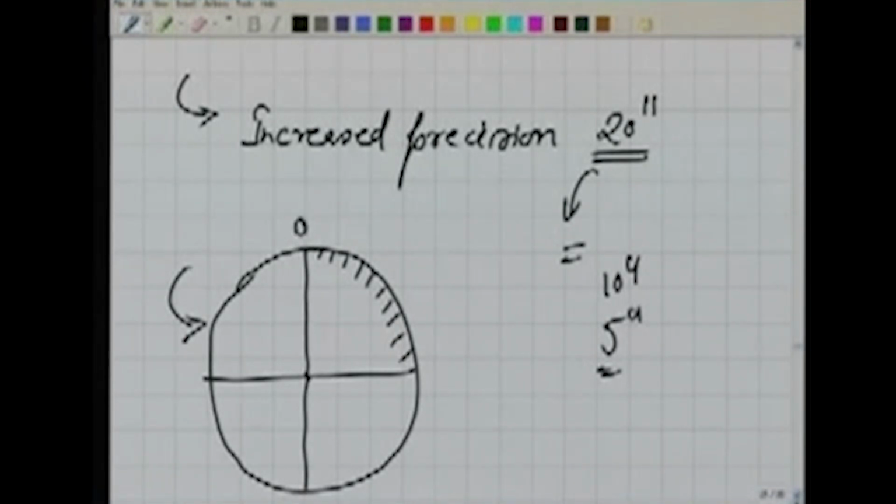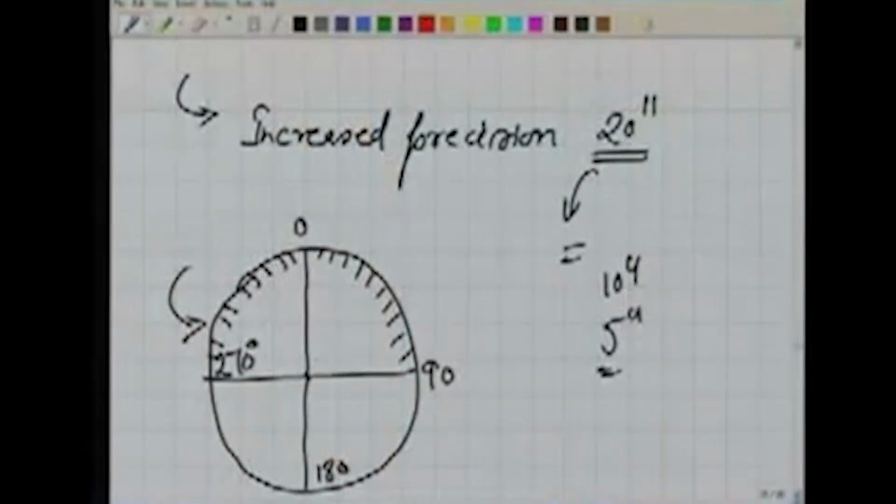That means if this is 0, this is 90, this is 180, and this is 270, and so on, and the graduations in between should also be uniform. But if it is not the case, which might be so because this plate is manufactured somewhere and in the manufacturing process there were some defects, then the 0 is here and the 90 is somewhere here.